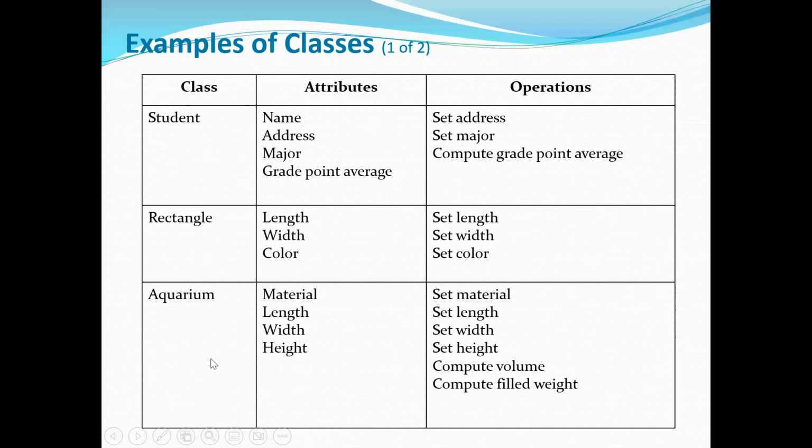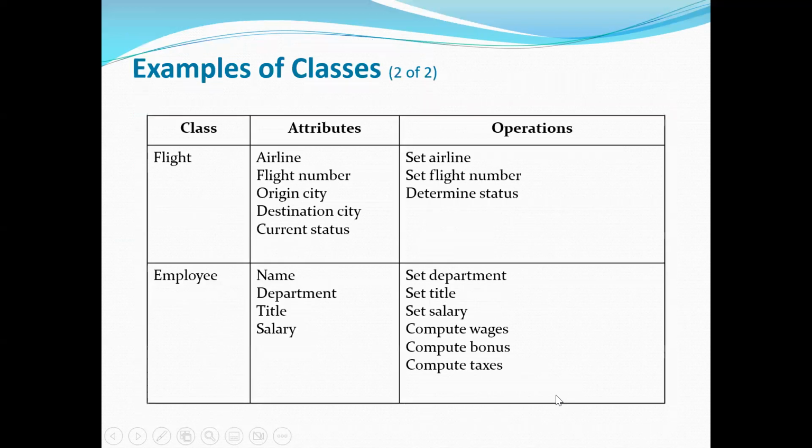Aquarium is a class, and the characteristics of an aquarium will be the material, the length, the width, and the height. The operations we can perform on an aquarium are that we can set the material, the length, the width, the height, and also compute the volume of the aquarium, or compute the full weight of the aquarium.